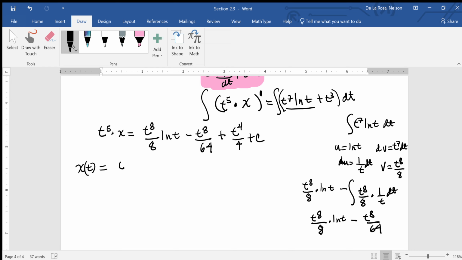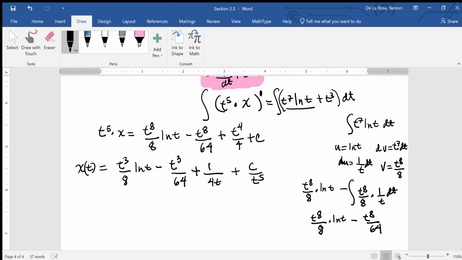So we have t to the 3rd divided by 8 ln of t minus t to the 3rd divided by 64 plus 1 over 4t, since t to the 4th divided by t to the 5th would be a t on the bottom, plus c divided by t to the 5th. And this is the general solution.